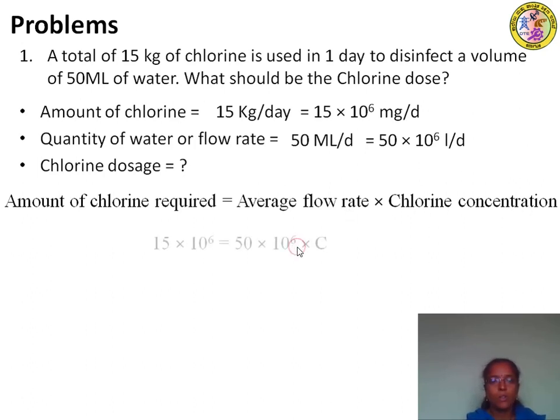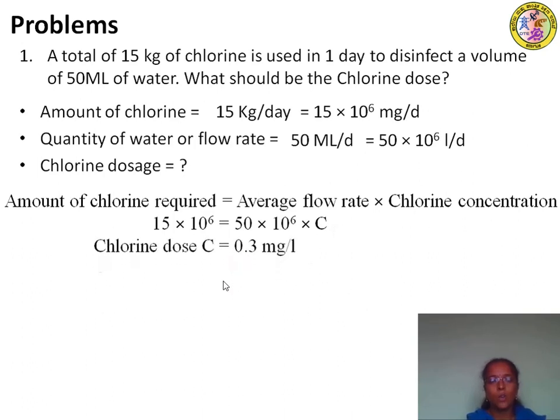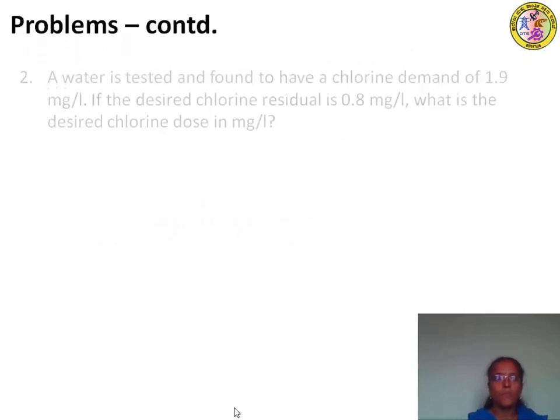So 15 into 10 power 6 is equal to 50 into 10 power 6 into C. If you calculate it, you will get a chlorine dosage of 0.3 milligram per liter.